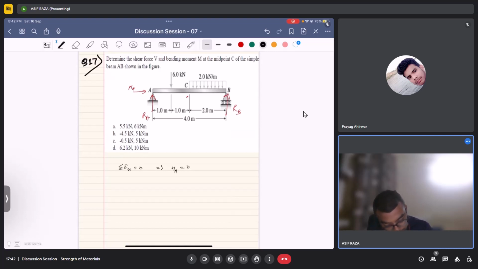Now moment about B equal to 0 would be RA times 4 minus 6 into 3 and minus 2 into 2 into 1 equal to 0, which would give me RA equal to 18 plus 4, 22 by 4.